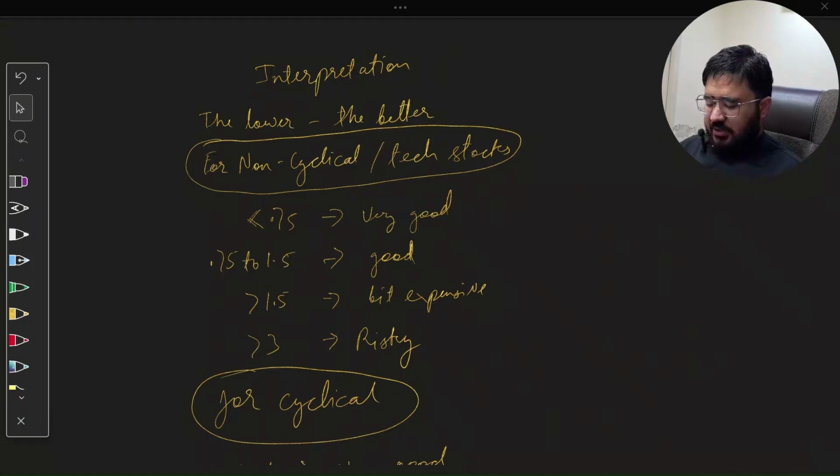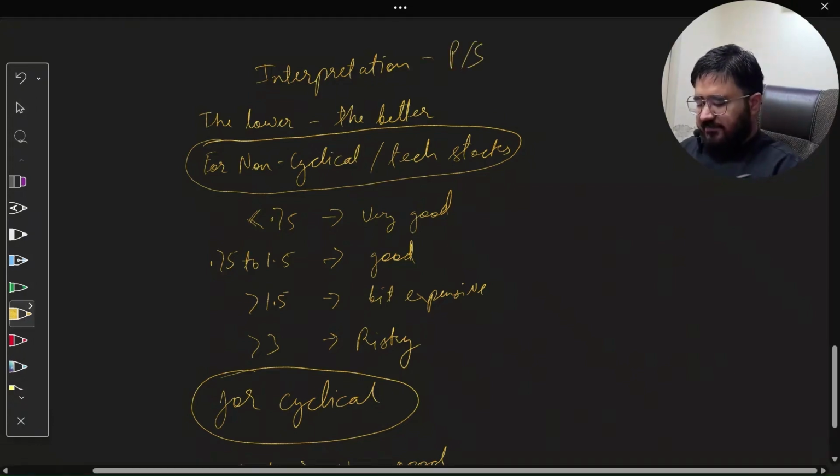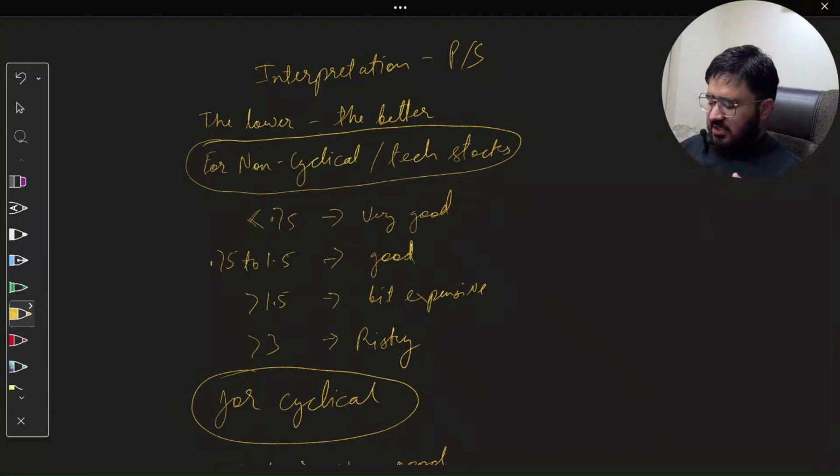Now let's see the theoretical interpretation of price to sales. Generally speaking, of course, the lower the better. We want to pay as low a price compared to sales as we may. For non-cyclical stocks, less than 0.5 to 0.75 is considered very good. 0.5 to 1.5 is considered good.